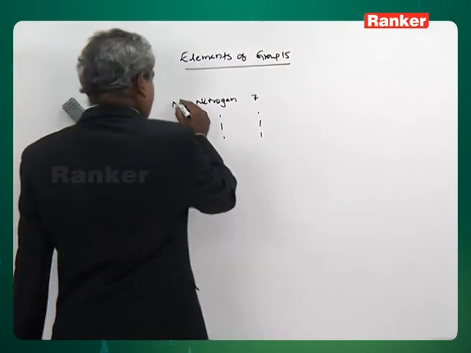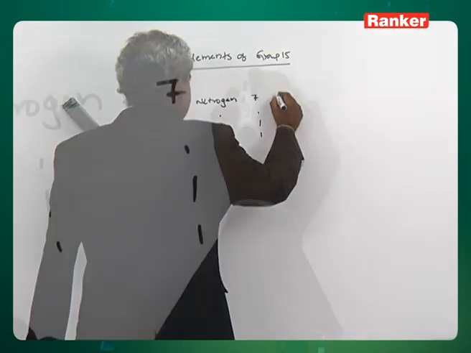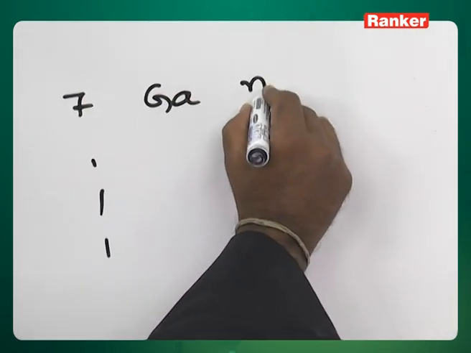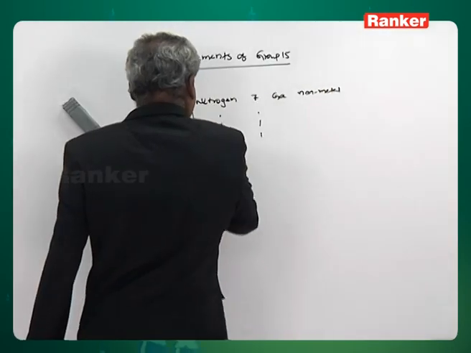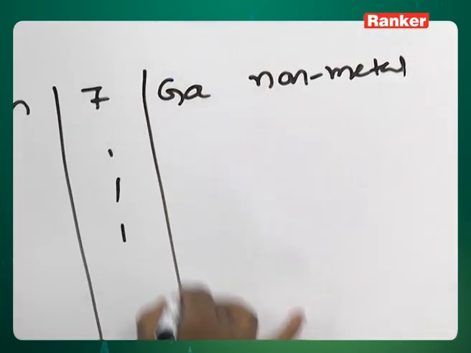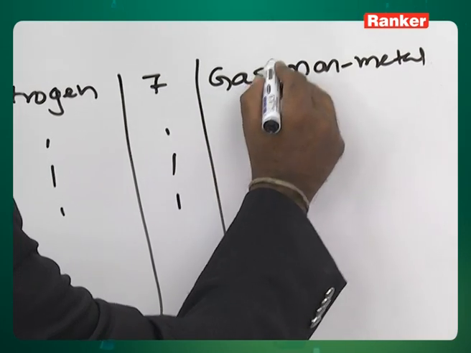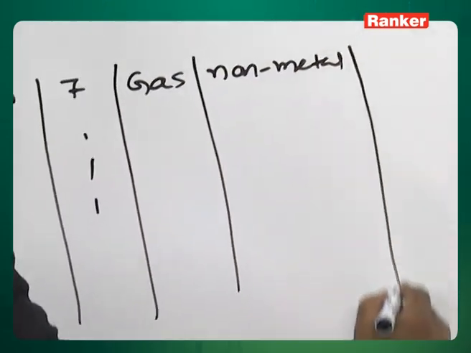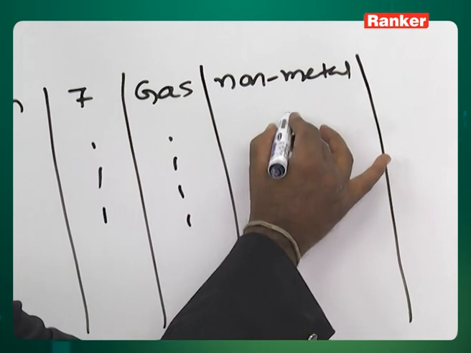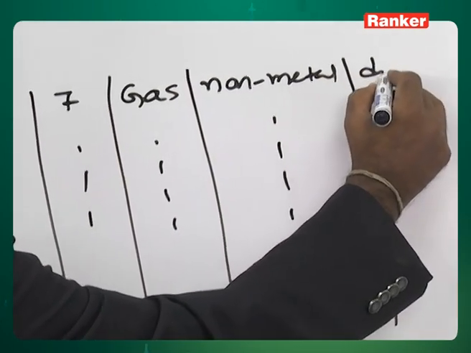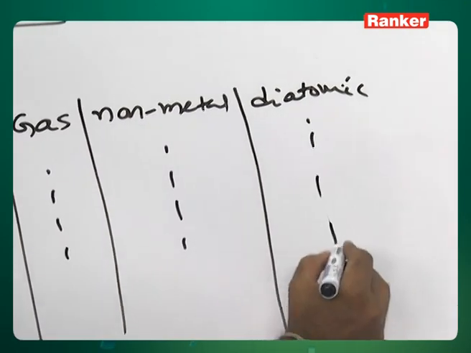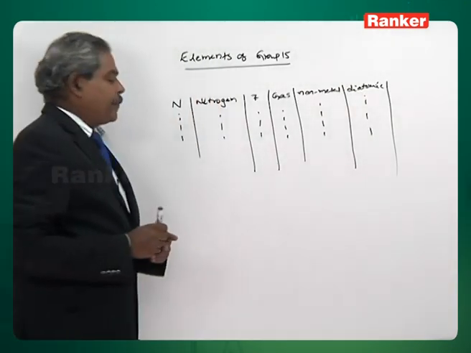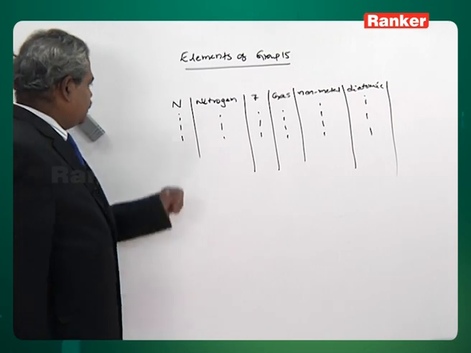Then nitrogen's physical state: it is a gas, it is a non-metal, and it is diatomic. So if you make a tabular form, you should be able to reproduce the same for all elements.